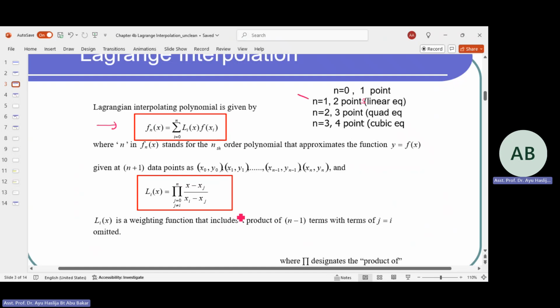Now, just to recap, for Newton last time, you need to find the B. This is Newton, plus B3 x power 3 plus Bn xn, up to here. Now, Lagrange.